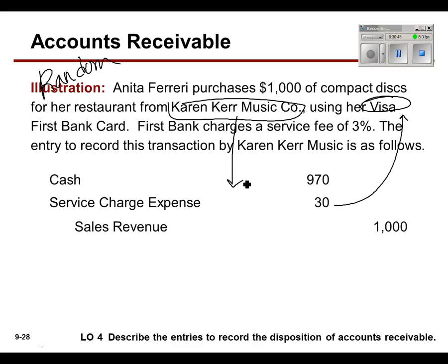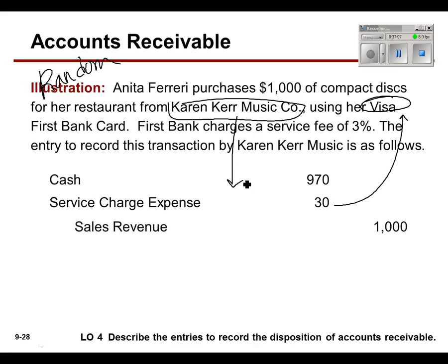Right. So like for Junk by Jenny, I now accept credit cards. If I sold $1,000 worth of junk, my credit card reader company is going to take, actually it's 4%.